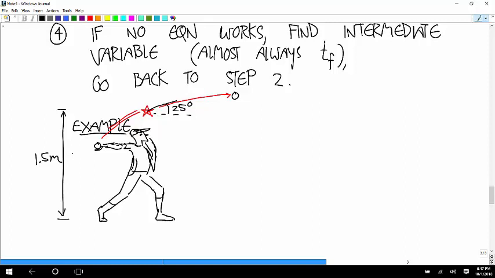And let's say the ball has a speed of 40 meters per second. How far will the ball travel horizontally before it hits the ground?